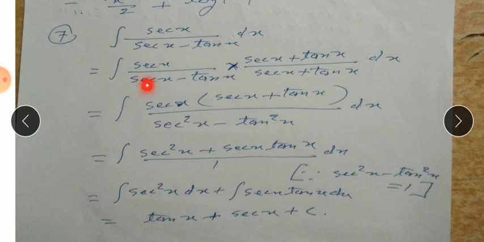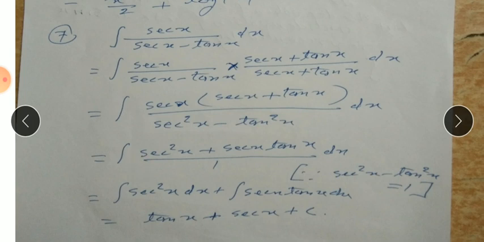In the denominator, you can see this is of the form a minus b into a plus b, which is equal to a square minus b square. Here it is written as sec square x minus tan square x. You know the formula sec square x minus tan square x is equal to 1.